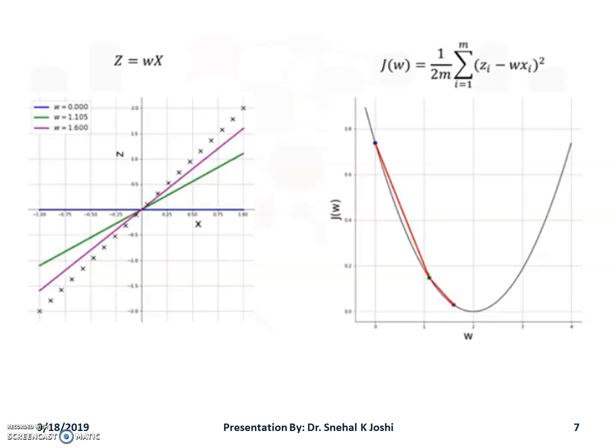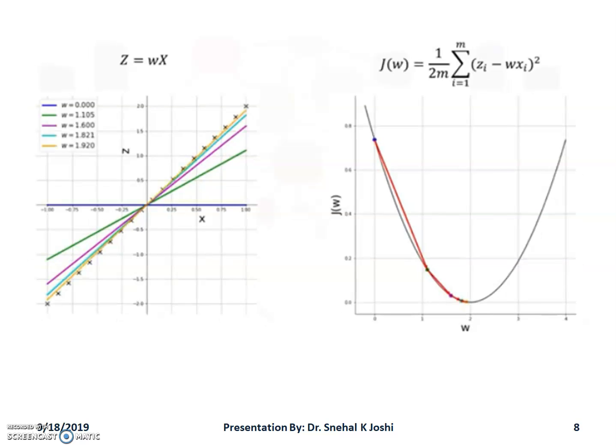Since the step value is negative, w1 will be w0 minus the step value. Similarly, the iteration will continue until we reach the minimum of the cost value J(w) or close to it.